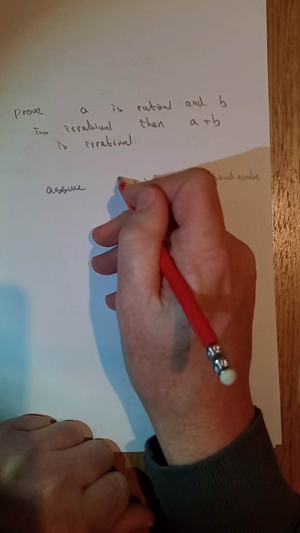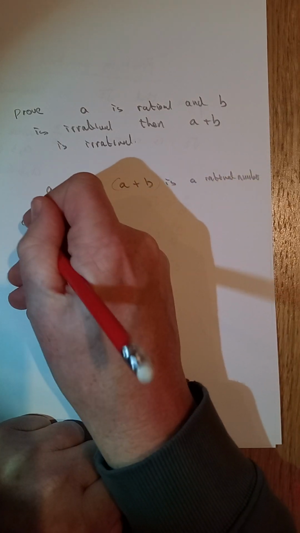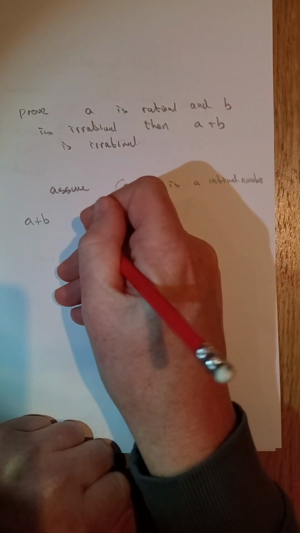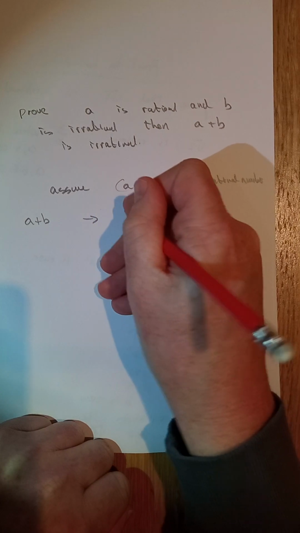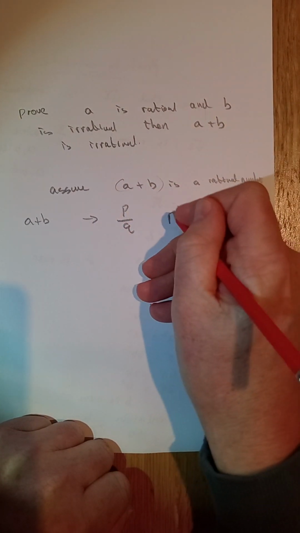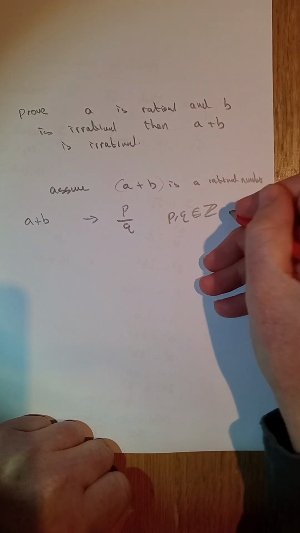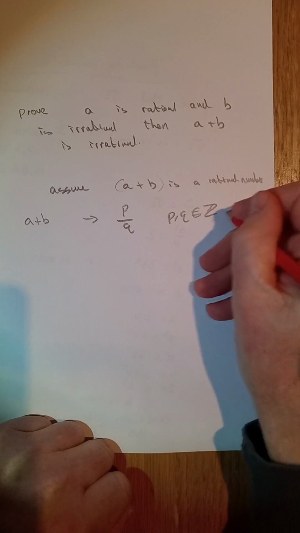So, if this thing is a rational number, then a plus b can be written as p over q. The usual thing: p and q elements of the integers, and q not equal to 0.